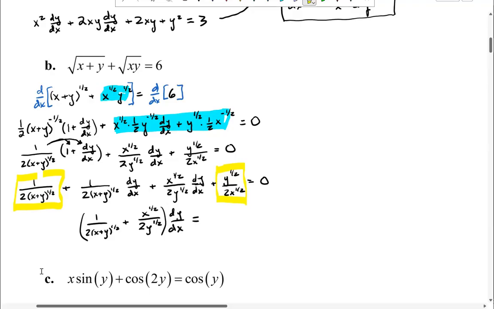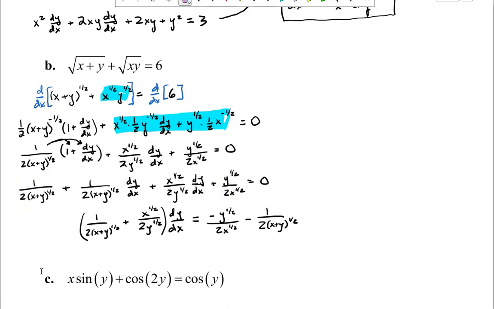So we're going to subtract those to the other side of the equal sign. Now, to get dy/dx on its own, we need to divide by this quantity here on both sides. It's going to give us a bit of a mess, and then we'll clean it up afterwards.